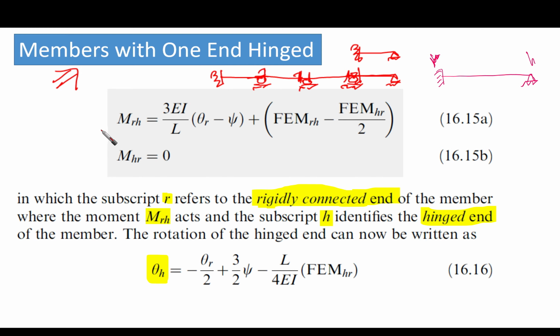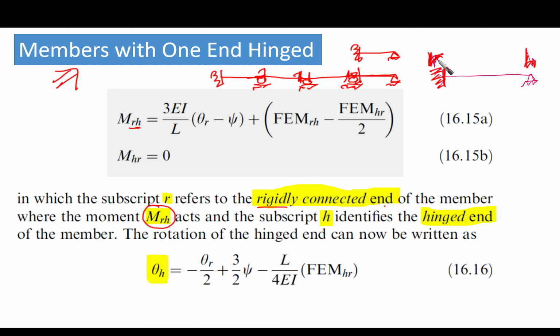In this case, the slope deflection method is going to be designated with R and H. R refers to the rigidly connected end, which is this end. We call it R, and the far end is going to be H, which is the hinged end of the member, where the moment MRH acts.